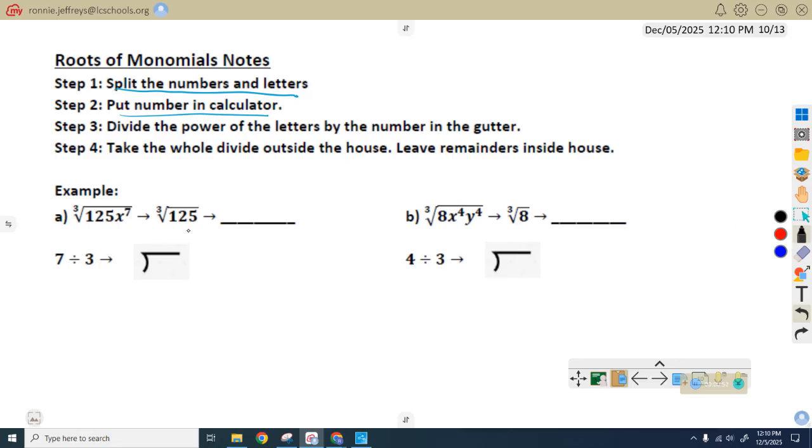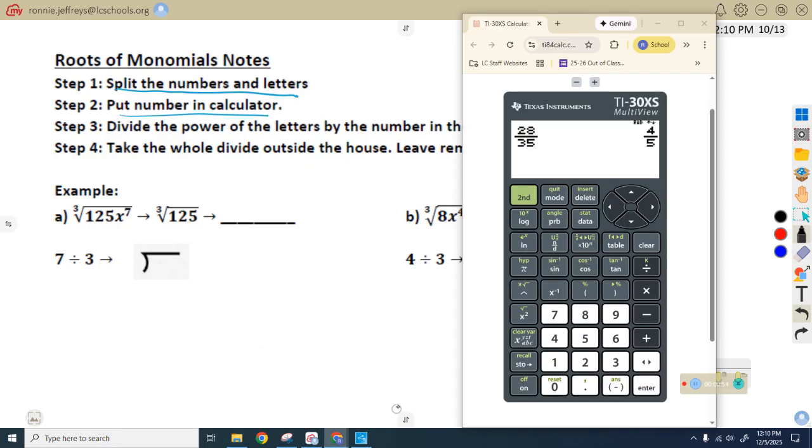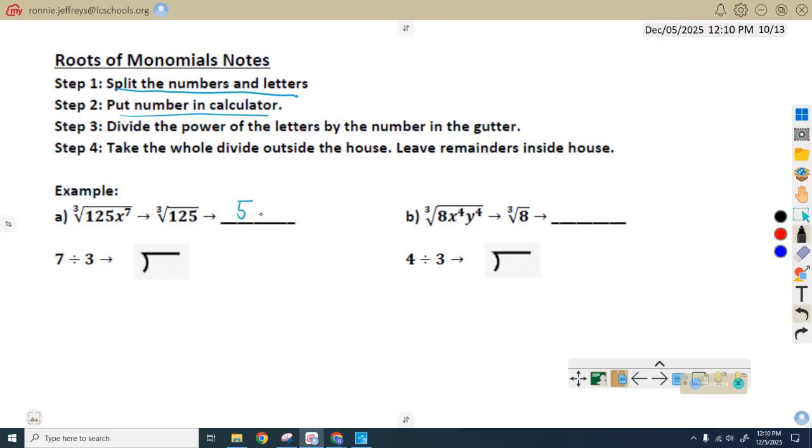Okay, so we're going to take the cube root of 125. Okay, we get 5. Now, here's our gutter number. So how many times will 3 go into 7?